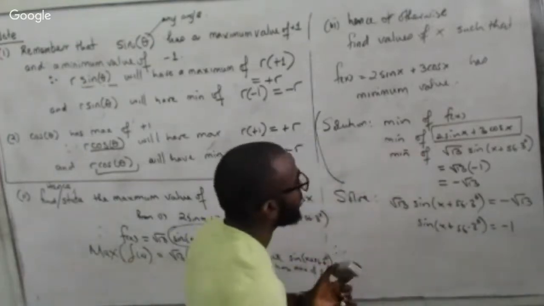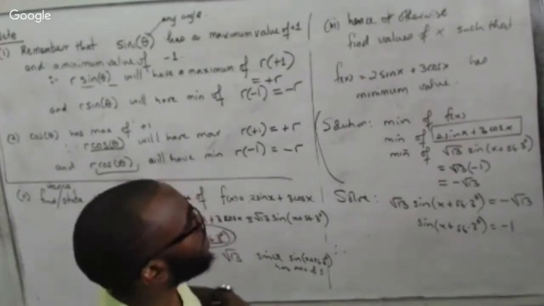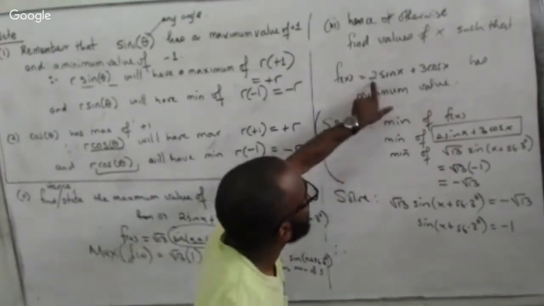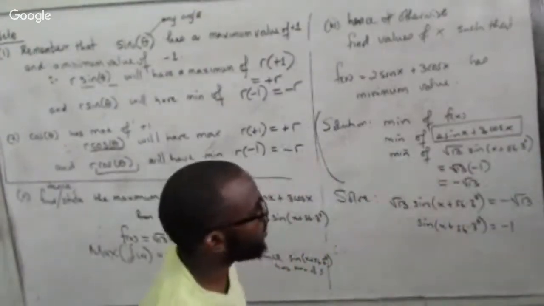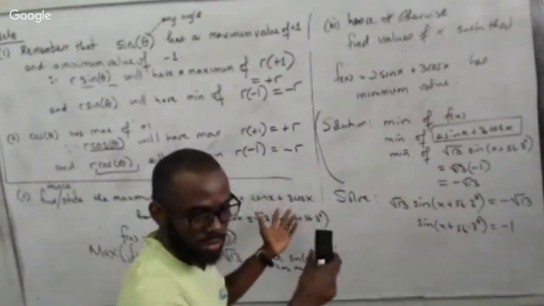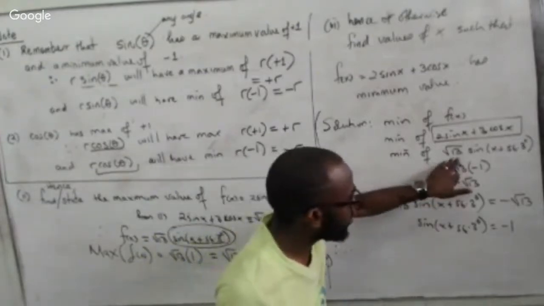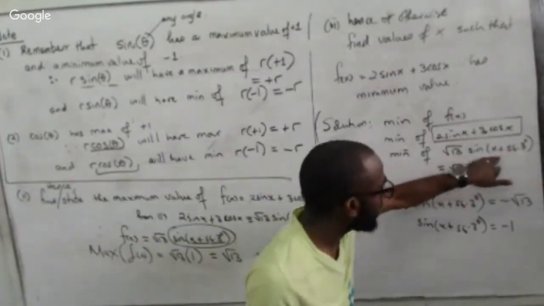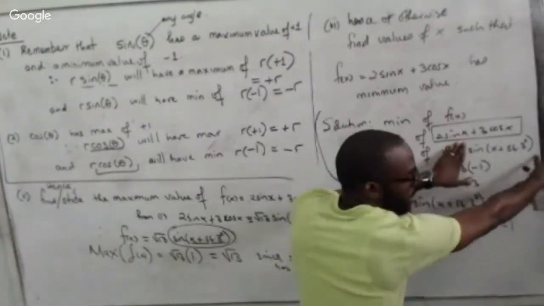So it was sufficient for me to just say to the examiner, hey, Mr. Examiner, I know that this is equal to root 13 times sine of x plus 56.3 degrees from part 1. I also know that the extreme of this function, when it's in that form, is always determined by the extreme of sine.